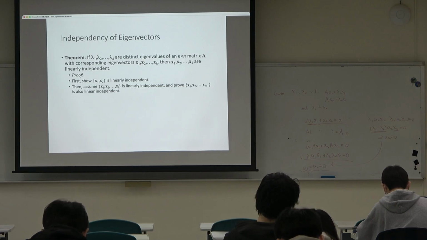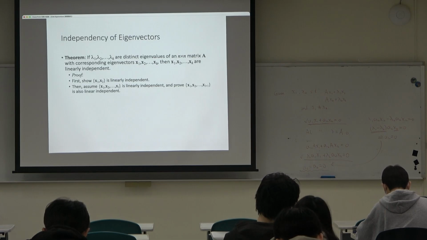Then we just add one additional eigenvector in here, assuming that the corresponding eigenvalue is different from the previous k eigenvalues.